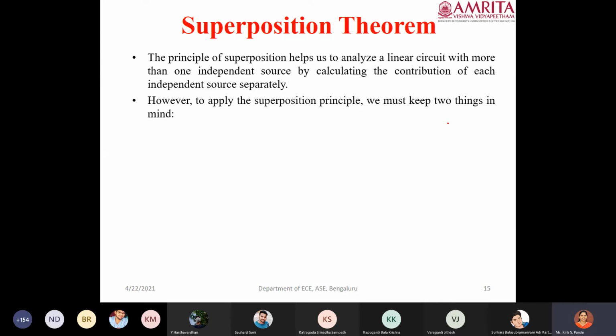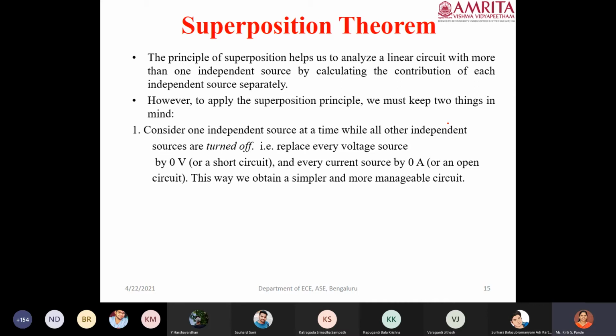So what do we need to do? The first, very important point: consider only one independent source at a time, while all other independent sources are turned off.